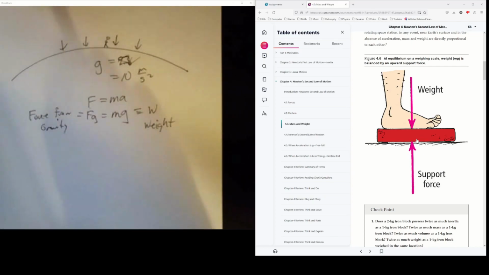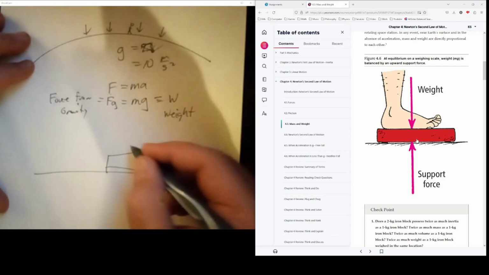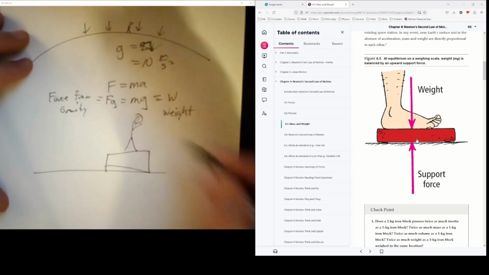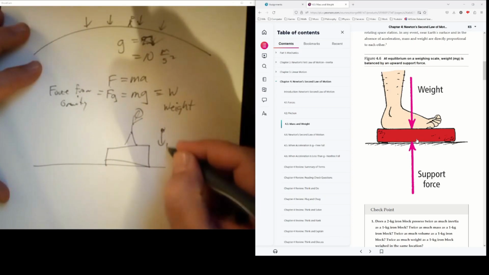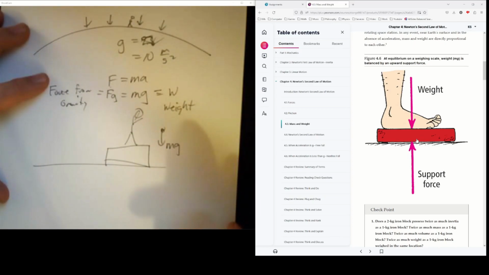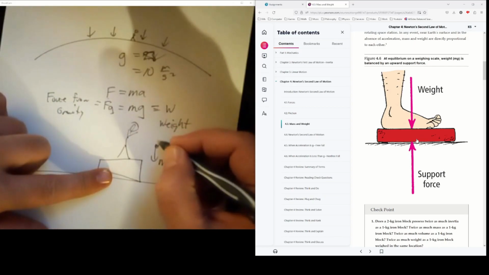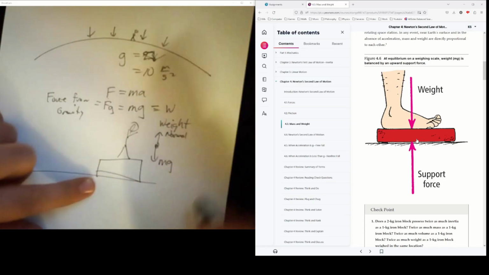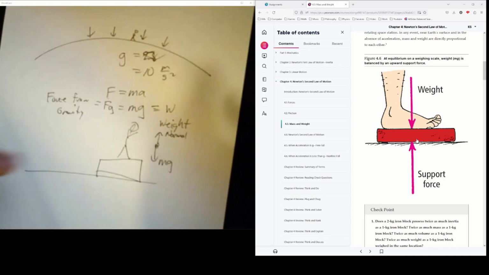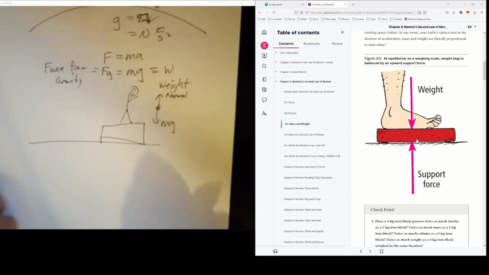And I just noticed they're showing a scale. When you step on a scale, I guess that's a giant scale, your force of gravity, your weight, is going down. But whenever you have surface contact, there's always what we call the normal force, or the supporting force, going up. And the scale actually reads the normal force. That's what they're calling a support force over here.